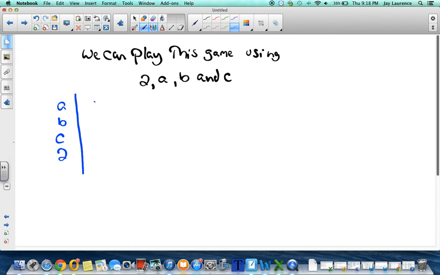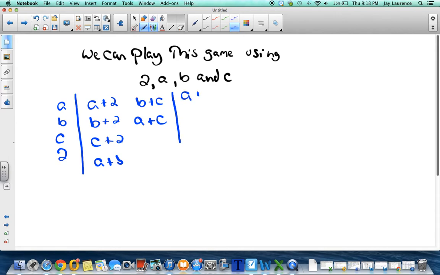Now, we could do A plus 2, we could do B plus 2, we could do C plus 2. We could also do A plus B. We could do B plus C. We could do A plus C. But then, who says we're limited to just using two numbers? We could do A plus B plus 2. A plus C plus 2.